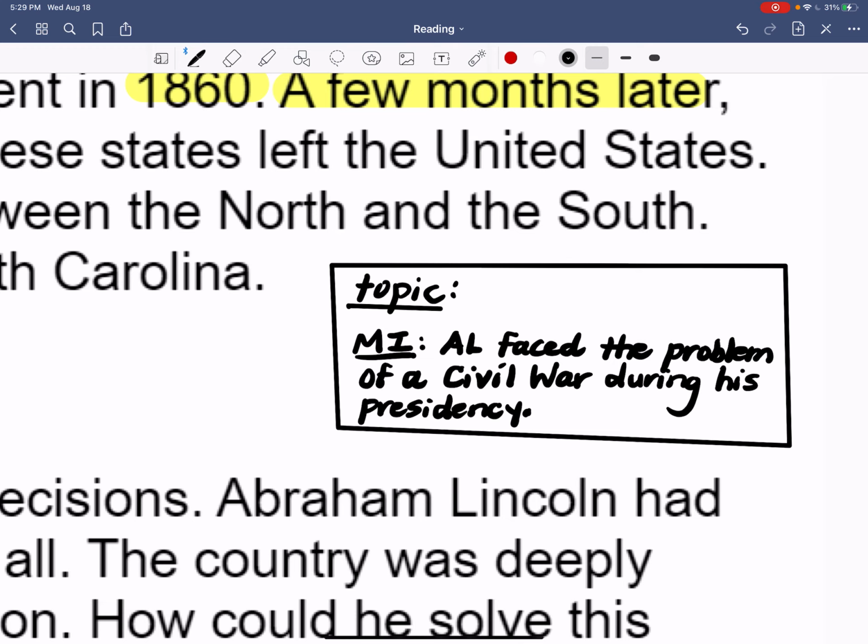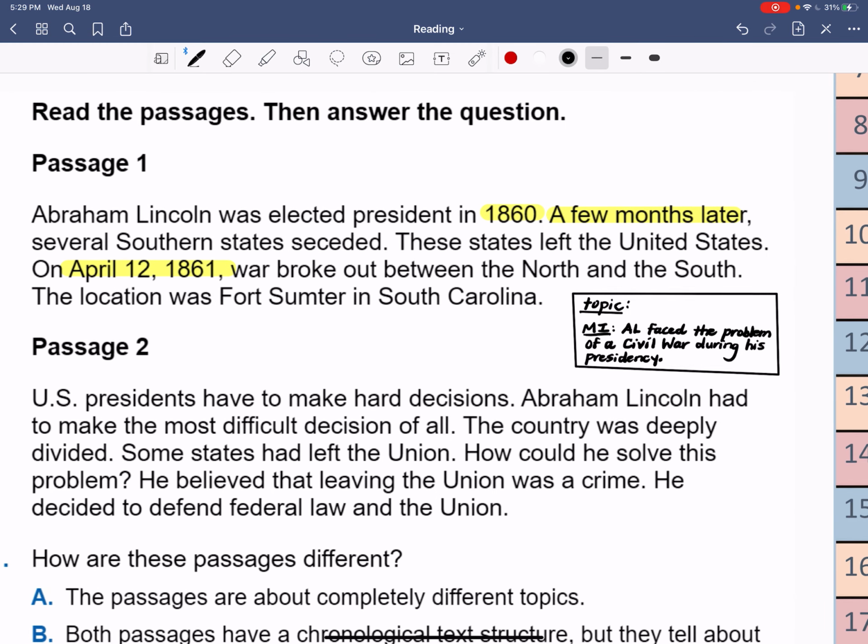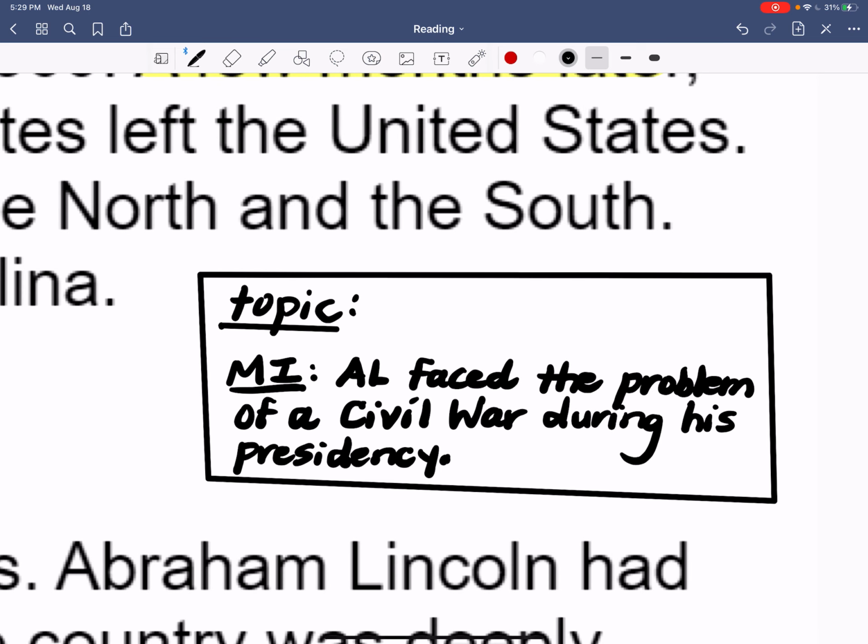Because this passage is not about Abe Lincoln. It's about this problem that Lincoln had to deal with. Very serious problem. And for the topic, I'm going to say how the Civil War began.